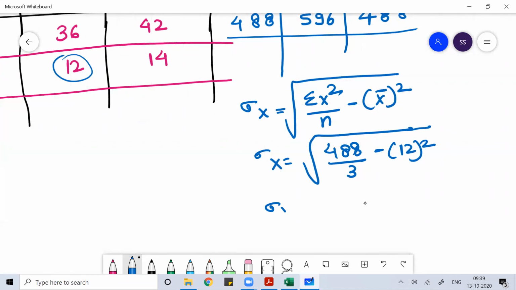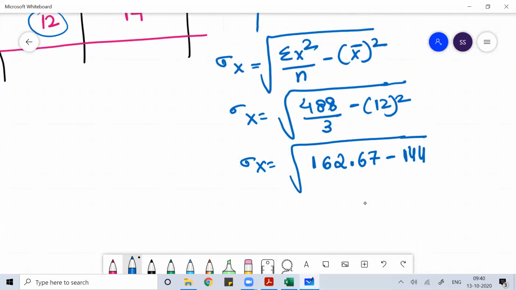So the standard deviation on x is, this is how much? This is 16. This is 20, right? So you get 162.67 minus 144.